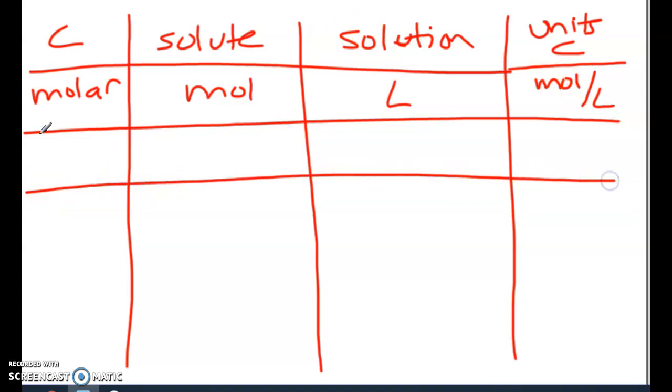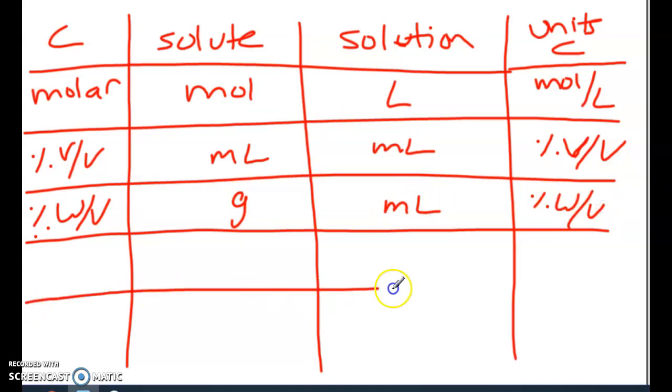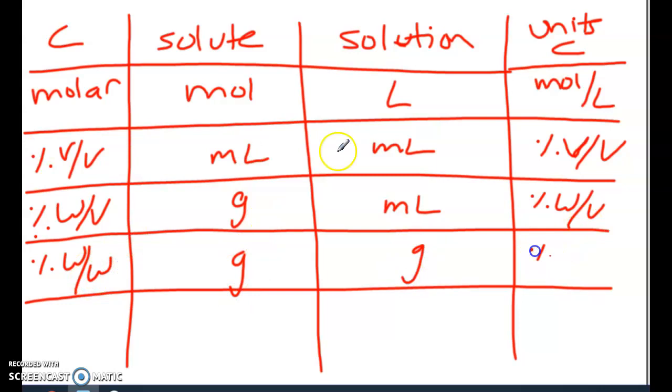So then we looked at percent. We started with volume and volume. So this has to be milliliters, milliliters, and your unit really is just percent V/V. So percent W/V, we have grams per milliliter, which is percent W/V. Then we have percent W/W, grams and grams.